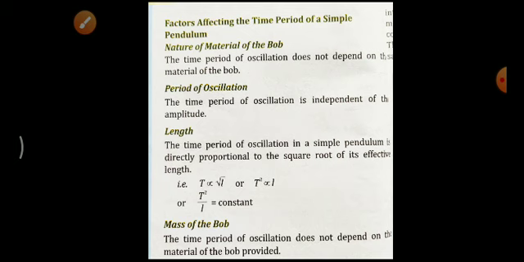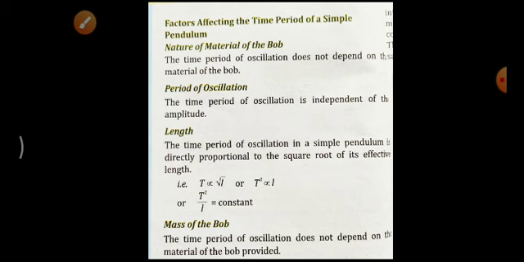Then the next one, the third factor, length. The time period of oscillation of a simple pendulum is directly proportional to the square root of its effective length. So here is a relationship between the time period and the length of the pendulum.